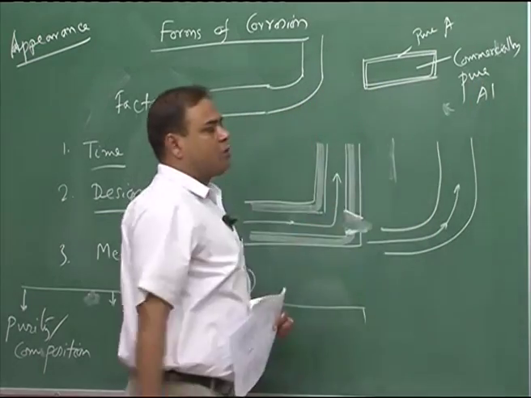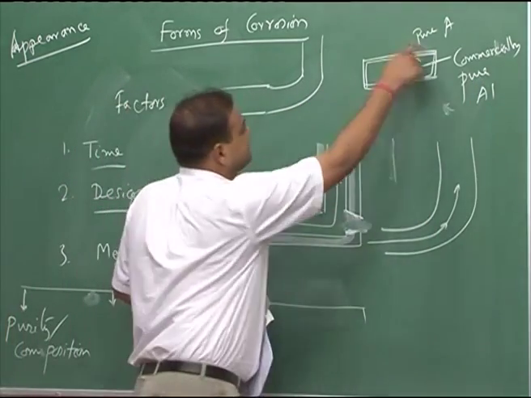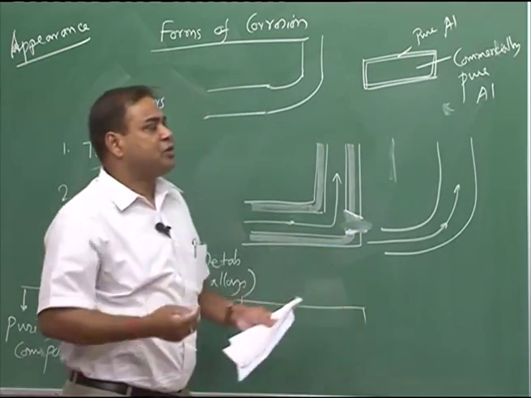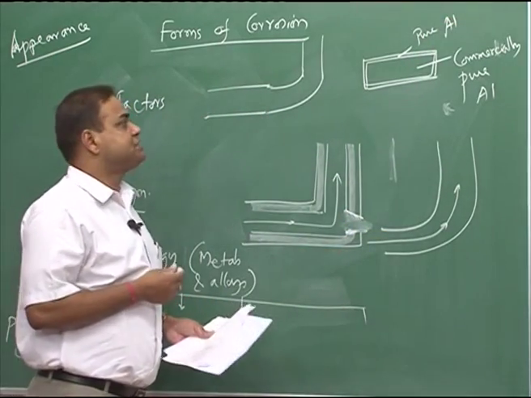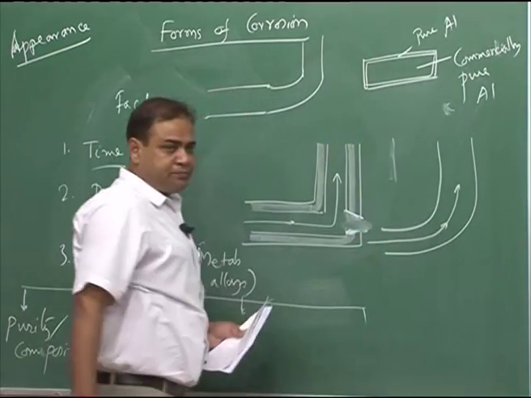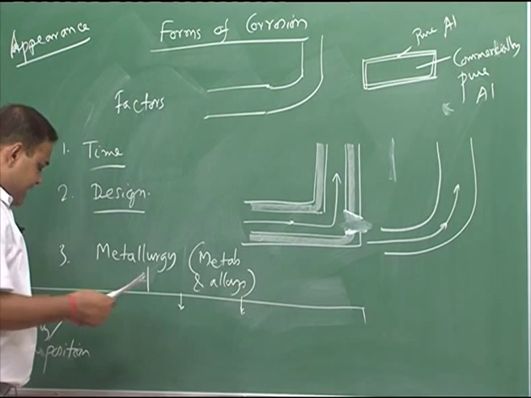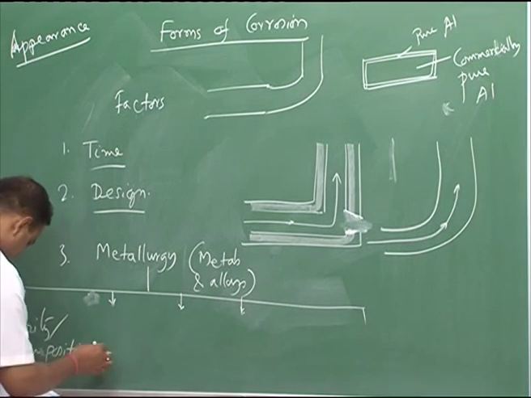So, the body would be commercially pure aluminum, but the surface would be pure aluminum, in order to give very good corrosion resistance to this entire structure. So, the purity of course is an important issue. Now, then it comes to the crystal defects.